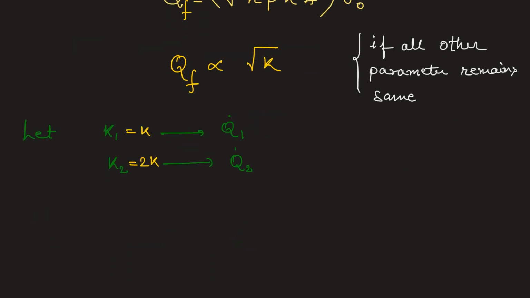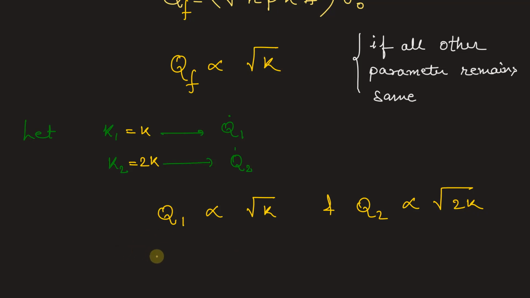Alright. Now if we take the ratio, from this equation, Q_F is directly proportional to square root of the thermal conductivity of the material. So from here we can write Q1 is directly proportional to square root of k and Q2 is directly proportional to square root of 2k.